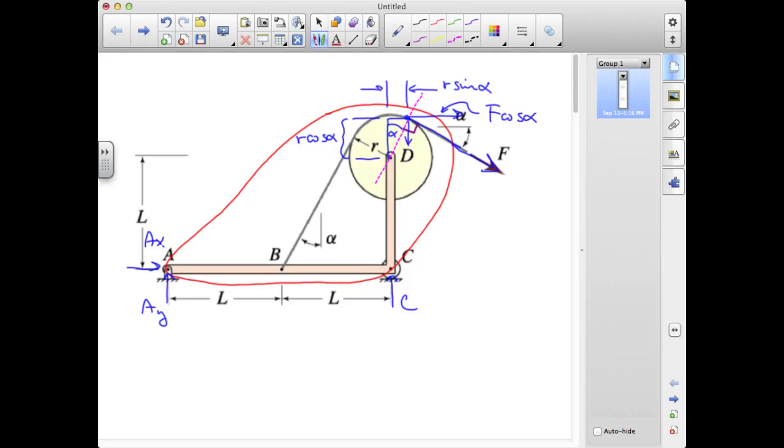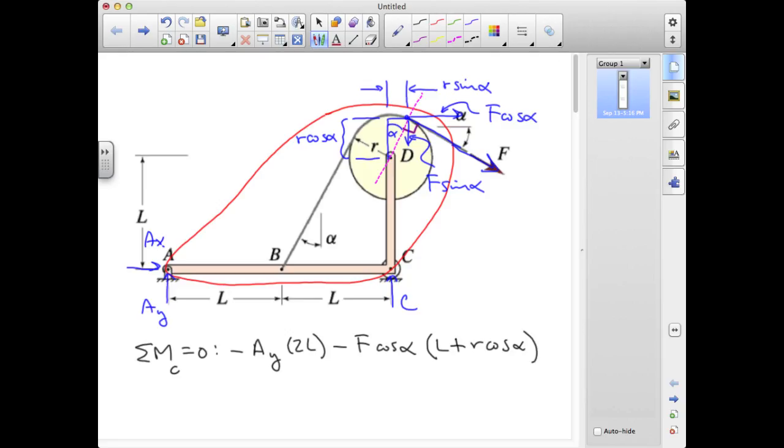The force components are F cosine alpha and F sine alpha. If our equilibrium equations included a moment about C, that equation would be minus AY times 2L minus F cosine alpha times a moment arm of L plus R cosine alpha minus F sine alpha times a moment arm of R sine alpha.